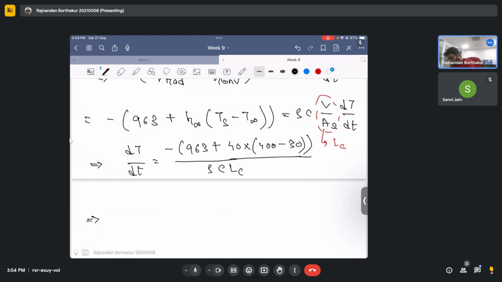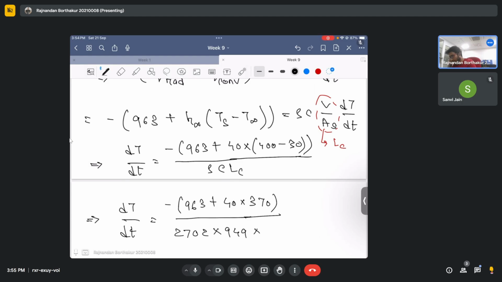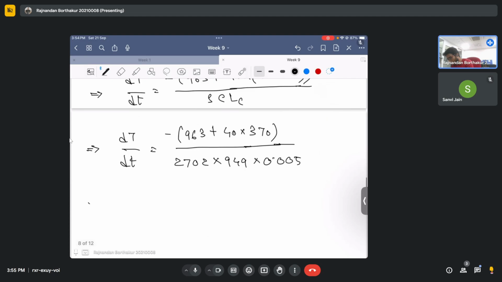So dT by dt equals minus of 963 plus 40 into 400 minus 30, which is 370, divided by your density, 2702, times your specific heat, 949, into the length, 5 mm, which is 0.005.